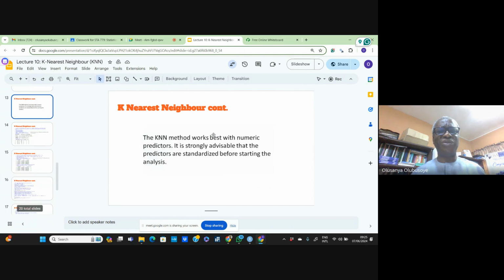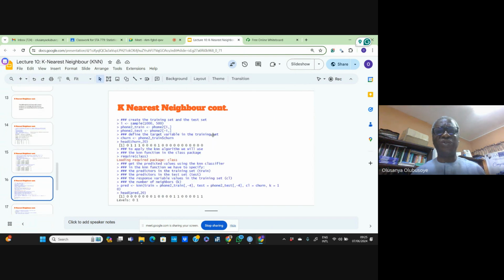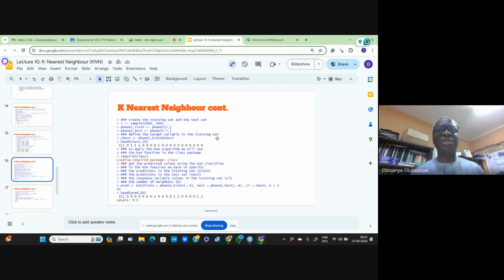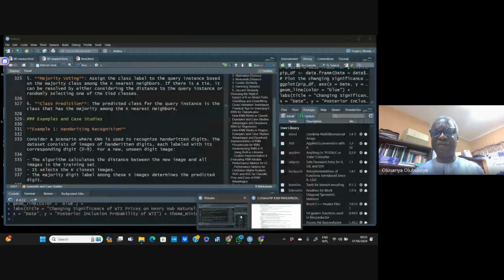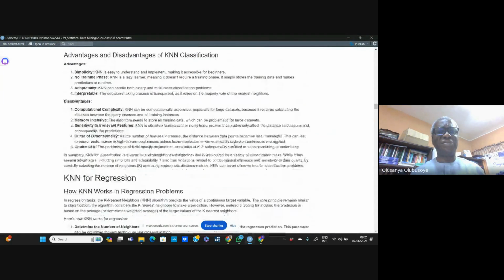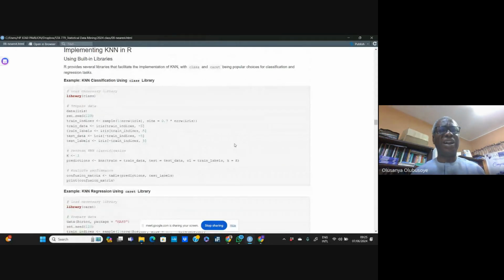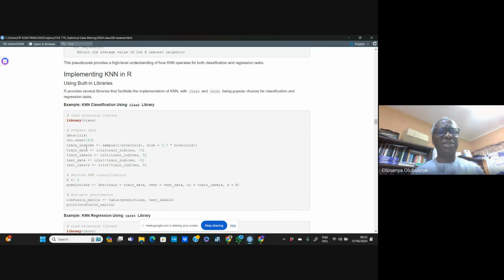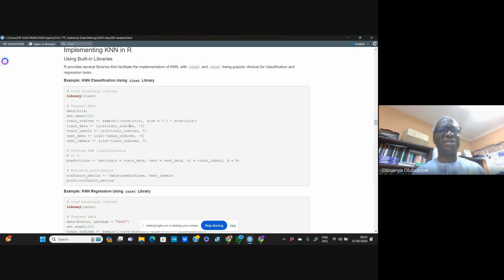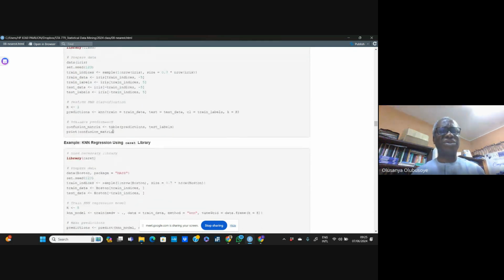So that's what you will do now. In addition to that, you already have some other useful KNN syntax or R codes that you can use.